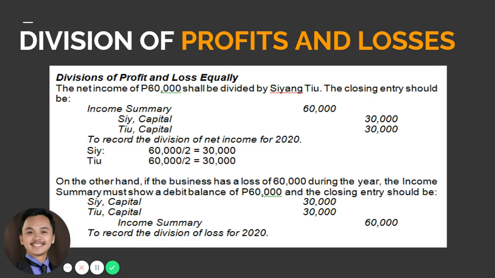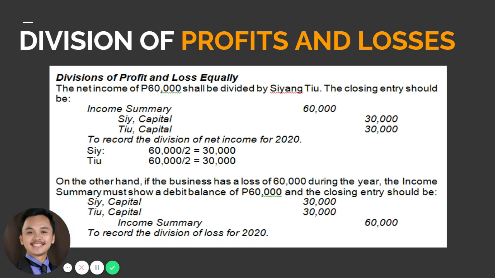So again, from all of the methods which the partnership could use in distributing partnership losses and profits, this is the most simple method of distribution, because you just divide the total net income among the number of partners in the partnership.